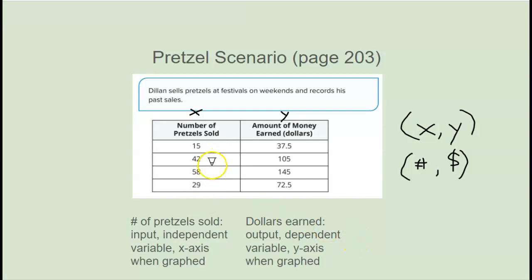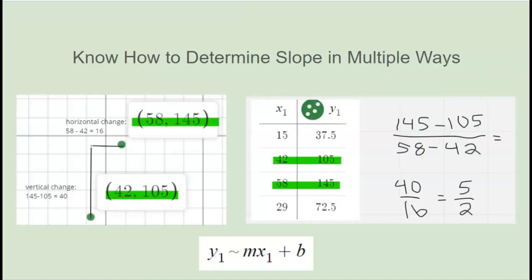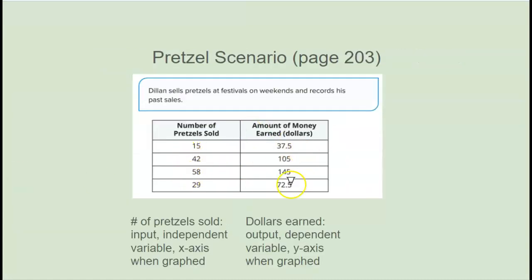Now, if you want to see if this is consistent each time, there's a couple different things you can do. You could calculate the slope, right? Like here, we calculated the slope and got 5 over 2. If slope sometimes confuses you, you could just use division, right?